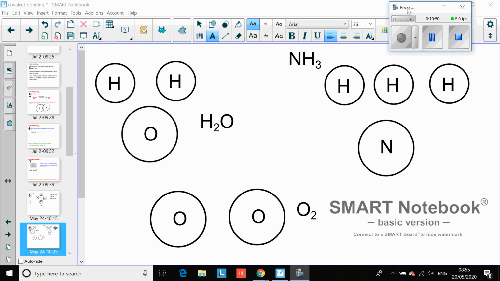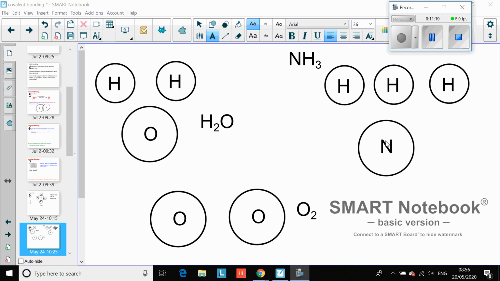Right, welcome back. So what I'm going to ask you to do now is use your periodic table and see if you can draw a dot cross diagram and then a stick diagram for each of these compounds. They're covalent compounds. So you might need your periodic table just to count how many electrons are in the outer shell. So this is oxygen and hydrogen, and you're going to make H2O, water.